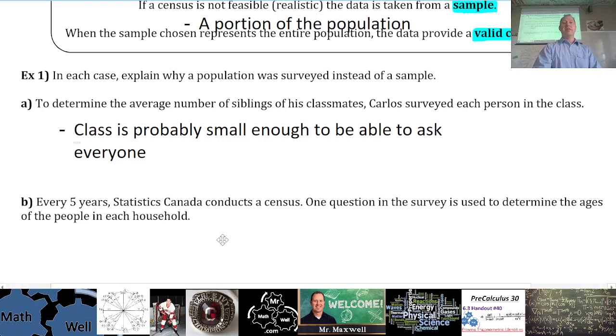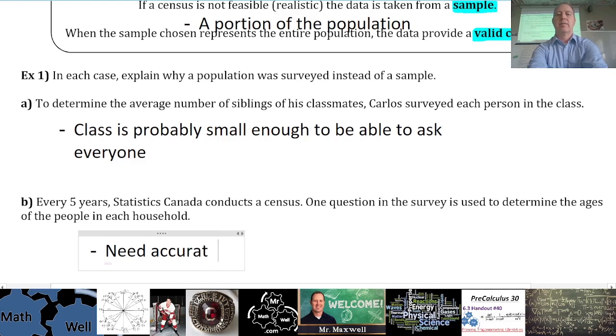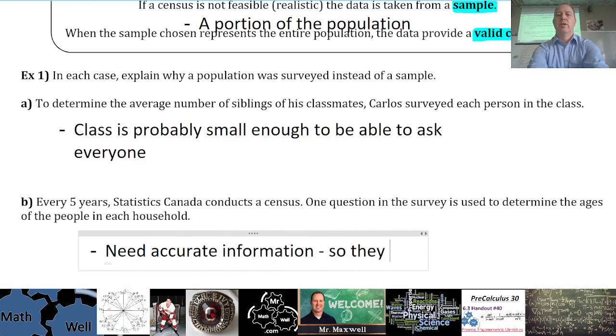So why would they choose a census and not just a sample? They really need accurate information to make big decisions as a government. So they ask every household.